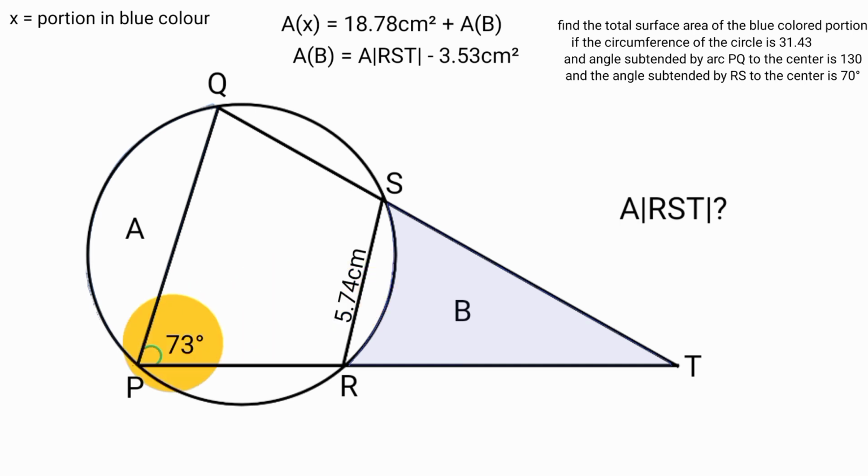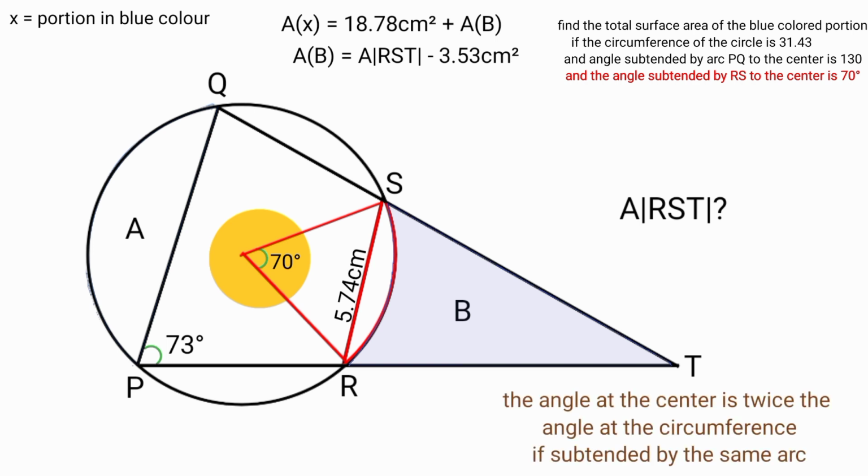So coming back here, since this angle here is 73 degrees, and the angle subtended to the center by this RS here is 70 degrees, based on the circle theory that the angle at the center is twice the angle at the circumference if subtended by the same arc, we can draw a line from here to this point here.